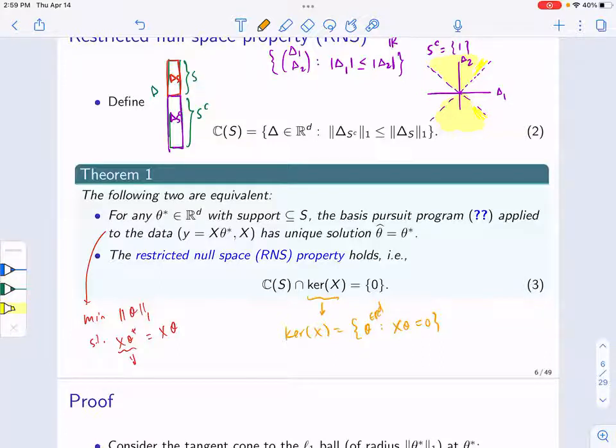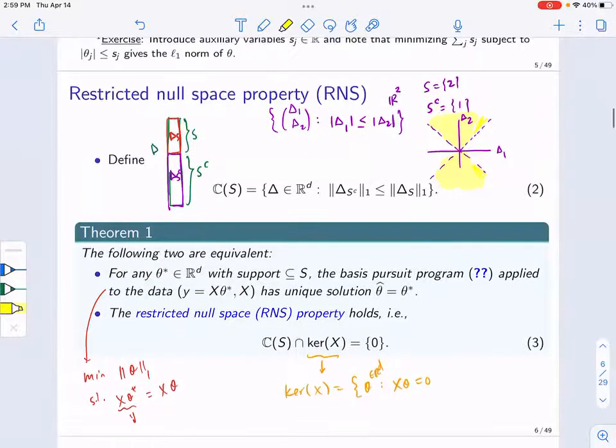So what this is saying is that this kernel, which is the non-identifiable part of theta in a sense, when intersected with this cone, does not have any non-trivial vectors. So in this picture, for example, the kernel of X, because it's a linear subspace of R^2, if the kernel of X is this, then this is satisfied.